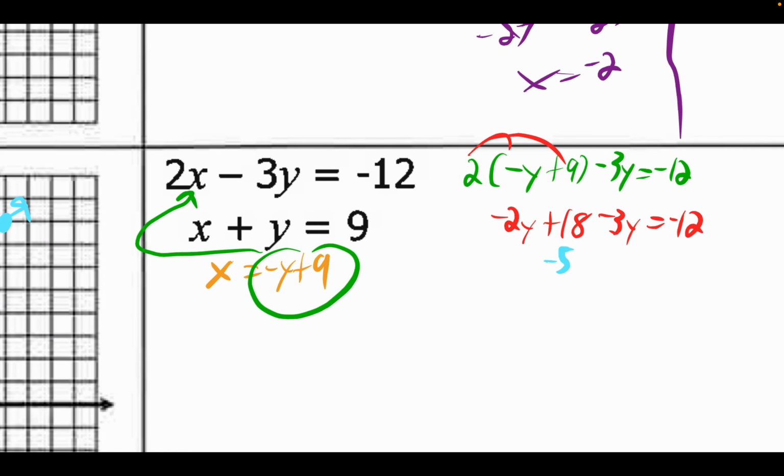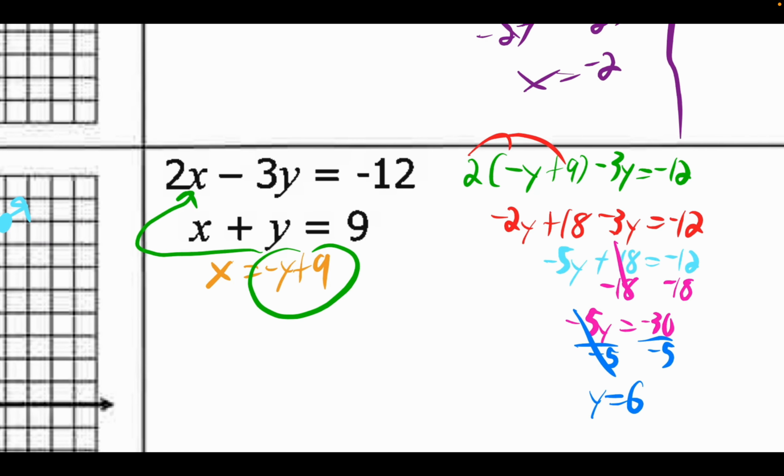That is negative 5y plus 18 equals negative 12. So if I subtract 18, I get negative 5y equals negative 30. Dividing by negative 5, I get y to equal 6 like we did previously.